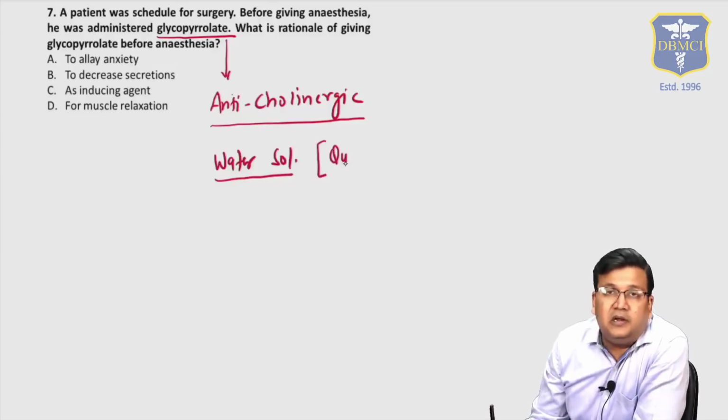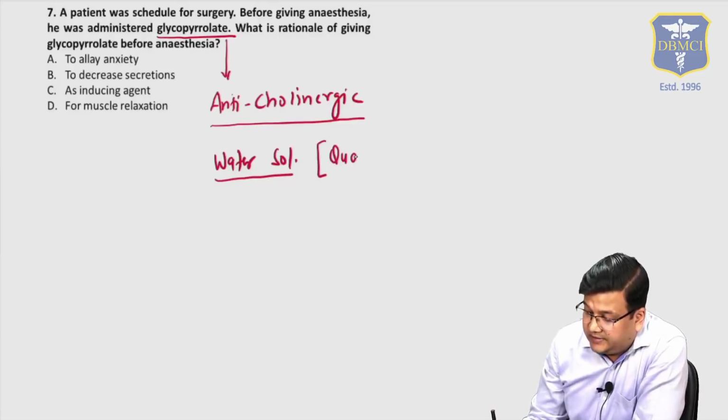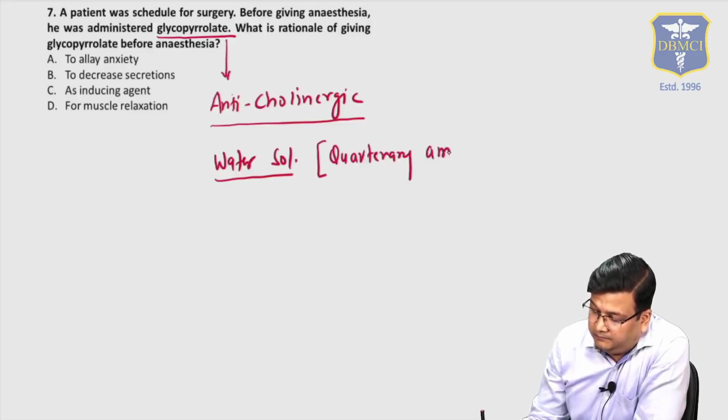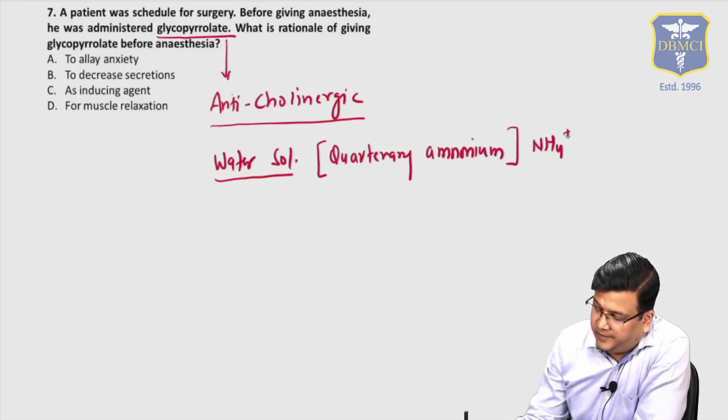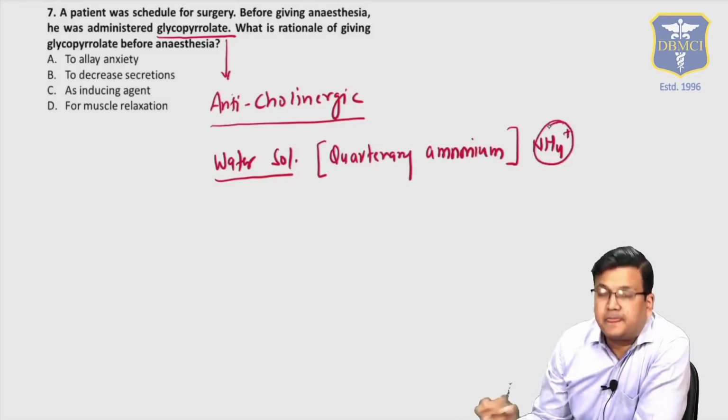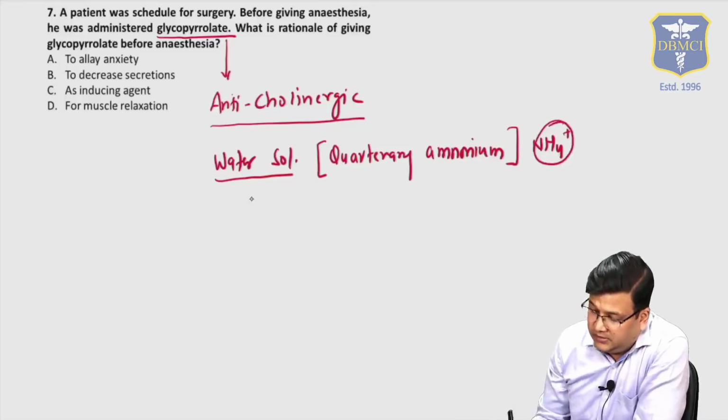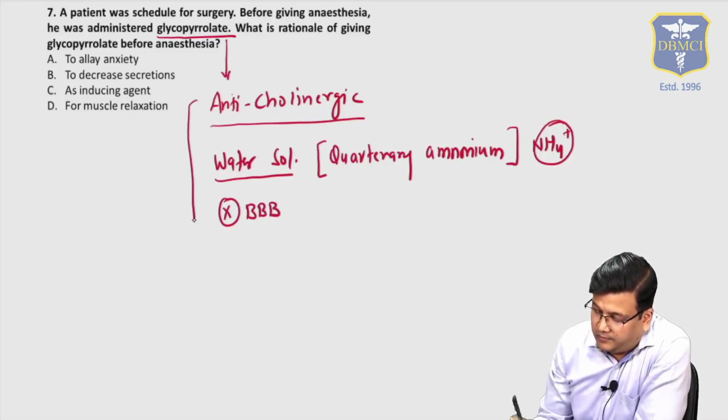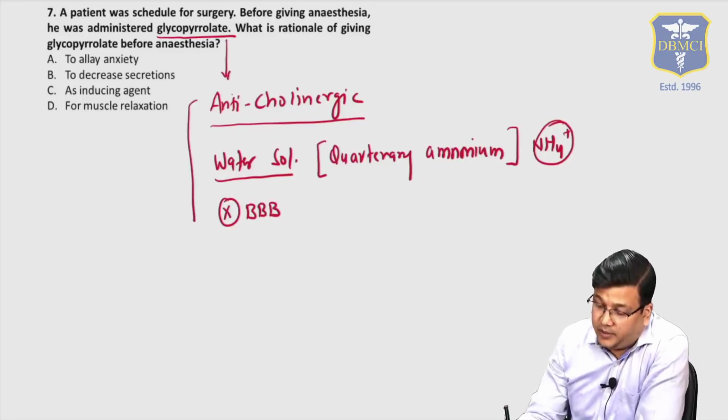So a commonly written word is, it is a quaternary ammonium compound, NH4 plus. It has a charge on it, quaternary ammonium compound, so it cannot cross blood-brain barrier. These are the 3 points in glycopyrrolate.